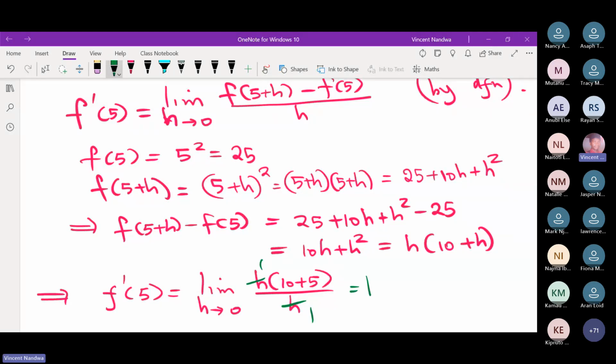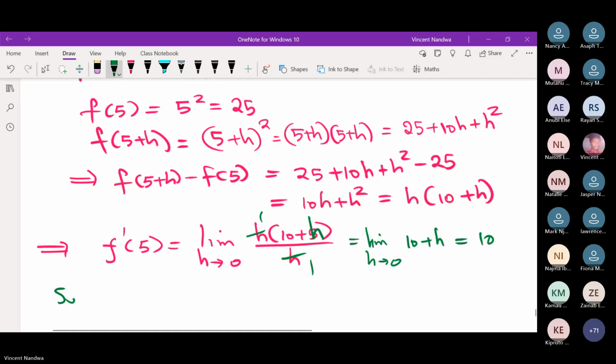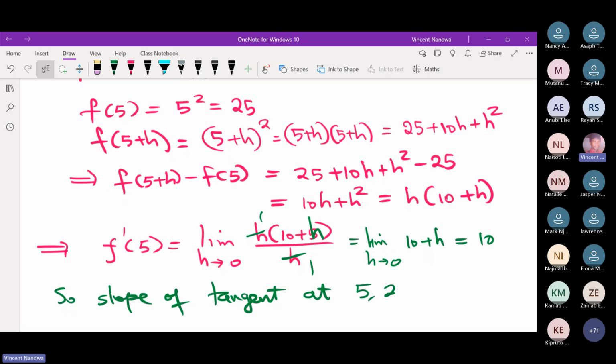So which will be the limit as h approaches 0 of 10 plus h, which will be, when you get the limit, 10. Because you're simply going to have 10 plus 0, which is 10. So the slope of the tangent at 5, 25 is 10.